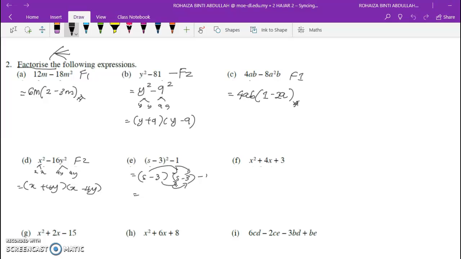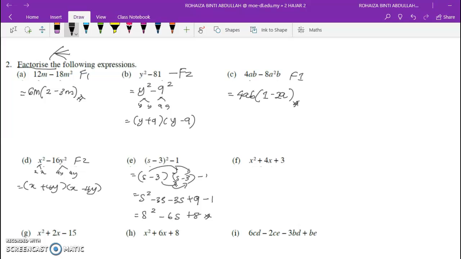So, multiply. S square. And then S multiply negative 3, negative 3S. Positive 3 multiply 3 is 9. Okay, S square minus 6S plus 9. That's the answer.